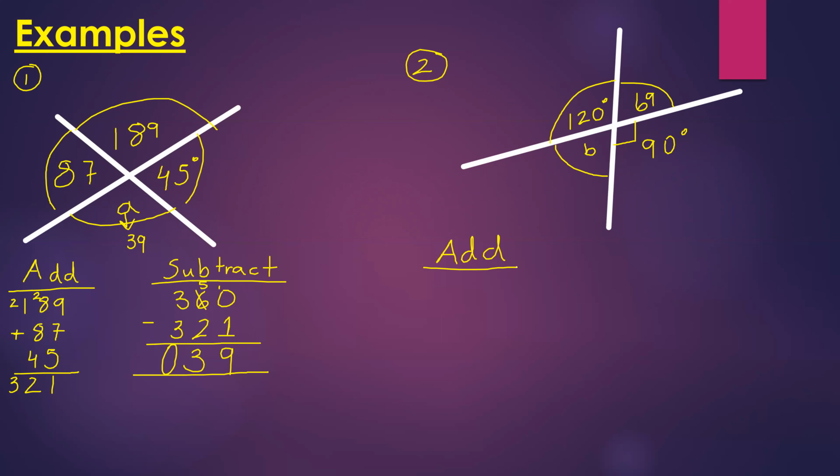All right. So we have 120 plus what? Plus 69 plus what? Plus 90. Again, that little box means 90 degrees. Even though it doesn't look like 90, because obviously 90 degrees is a right angle, it's not to scale.